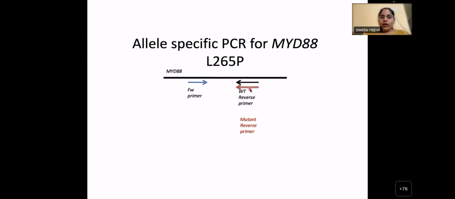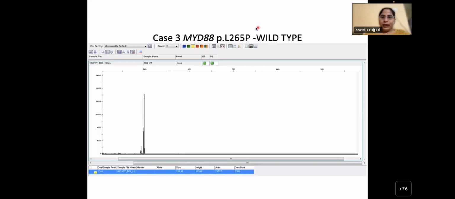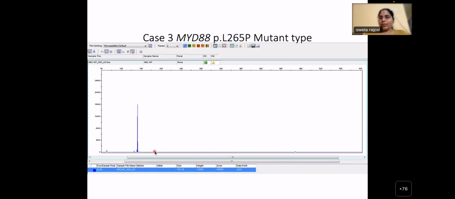So if we go for the PCR capillary, we see a peak in wild type as well as mutant type. That means there is presence of mutation, that is L265P in this case.